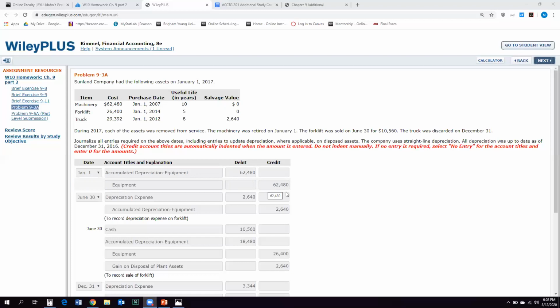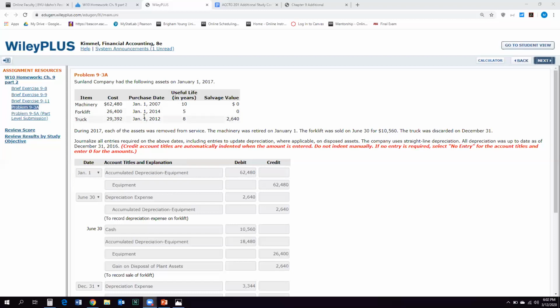And let's see, on June 30th, when we sell the forklift, the first thing we have to do whenever we sell an asset is bring the depreciation current up to the date of the sale. The forklift has a 5-year useful life. The cost was $26,400, and it was purchased January 1st, 2014.